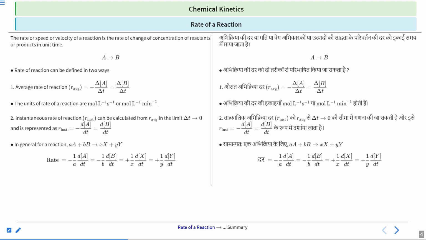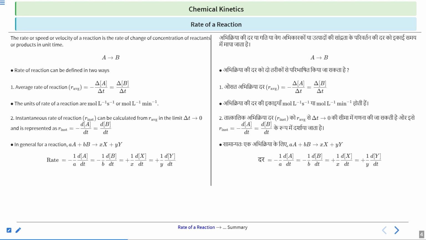Okay, now how do we write this? What we are writing here is the change in concentration of A with respect to time, and apart from the negative sign, we are also dividing the whole term by the coefficient. So when we are writing the rate of reaction in terms of reactant A, we divide it by the coefficient of the same reactant, which is small a.